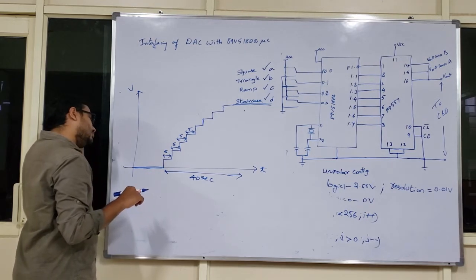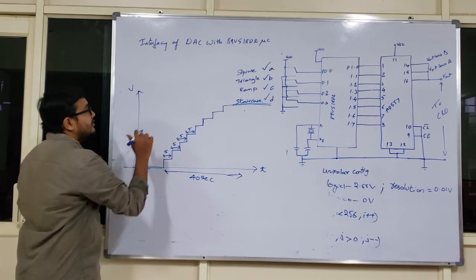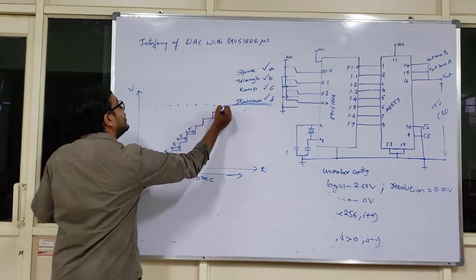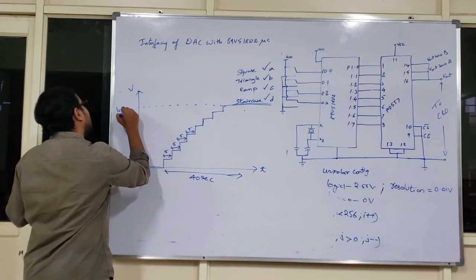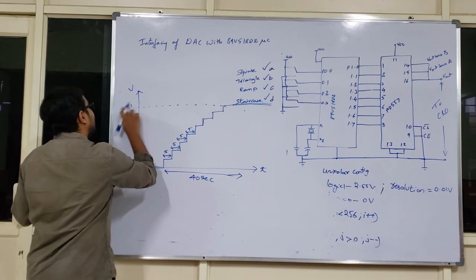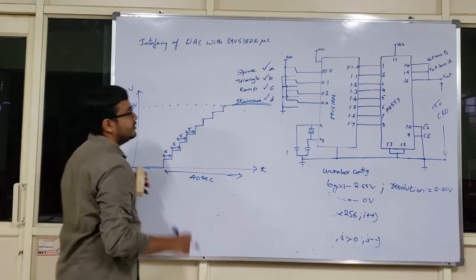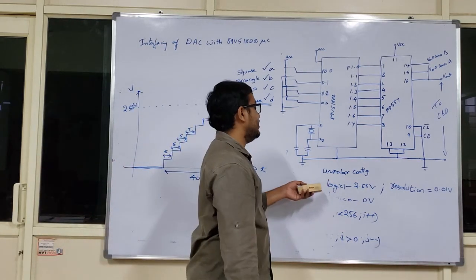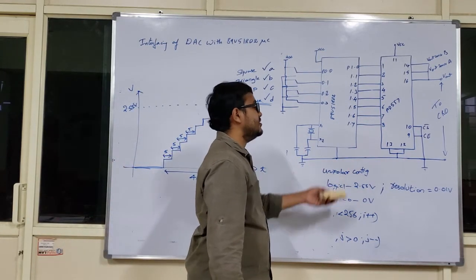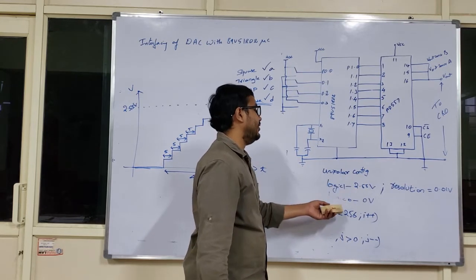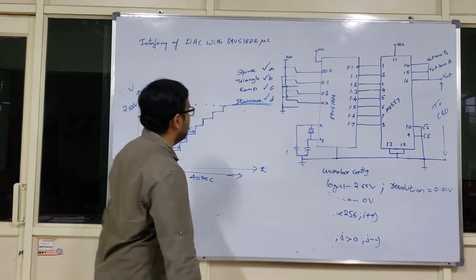Okay. Now how to do the programming? If it is my first floor, can I treat this as logic 1? If I treat this as logic 1, that means it is definitely going to be 2.55 volts, because according to 8255, which has a unipolar configuration, logic 1 is at 2.55 volts and logic 0 is at 0 volts.